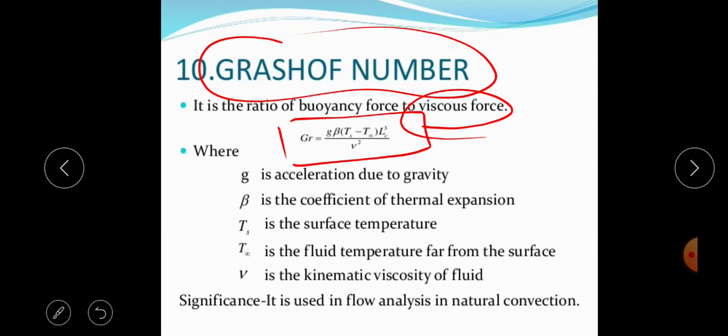Here in this formula, g is the acceleration due to gravity, beta is the coefficient of thermal expansion, Ts is the surface temperature, T infinity is the fluid temperature far from the surface, and nu is the kinematic viscosity. What is the significance of Grashof number? It is used in flow analysis in natural convection.